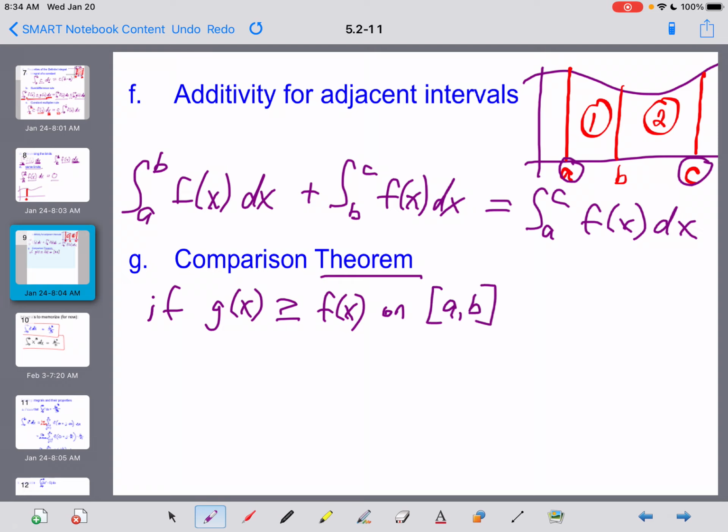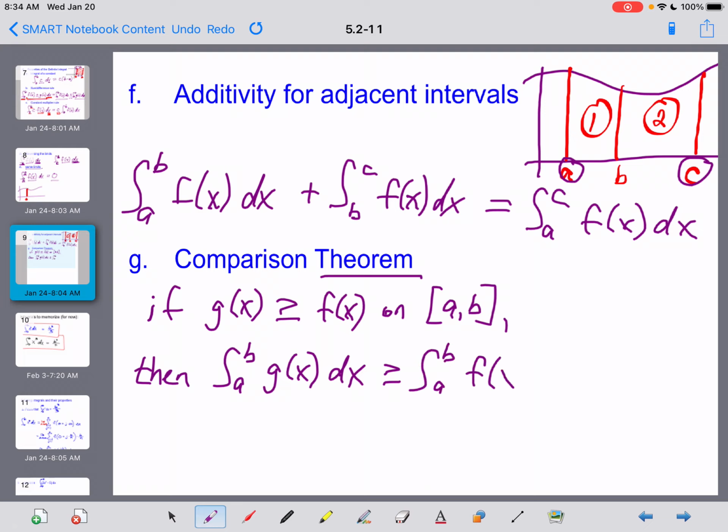So if we know that g of x is always the greater or higher function, then it must be the case that the integral from A to B of the higher function, g of x, taken with respect to x, must be greater than or equal to the integral from A to B of the lower function, f of x, taken with respect to x as well.